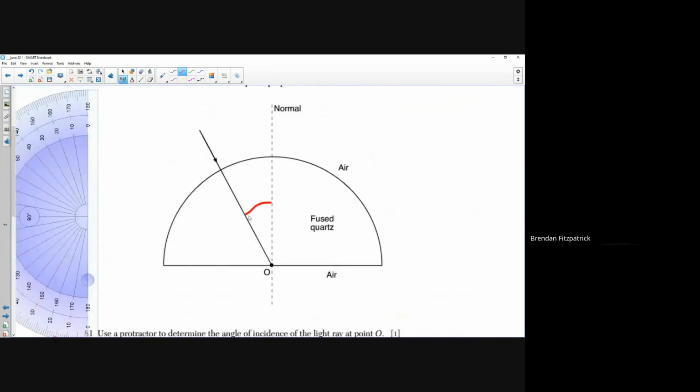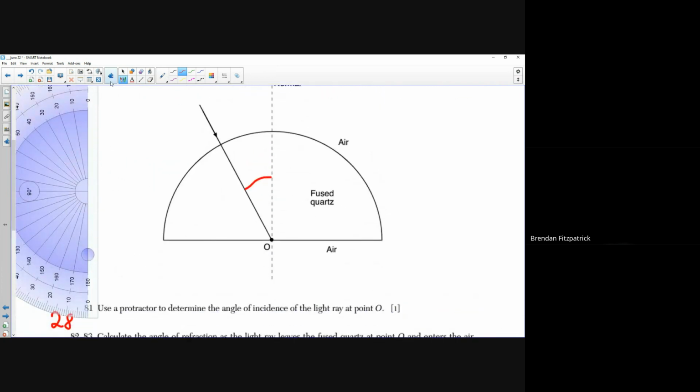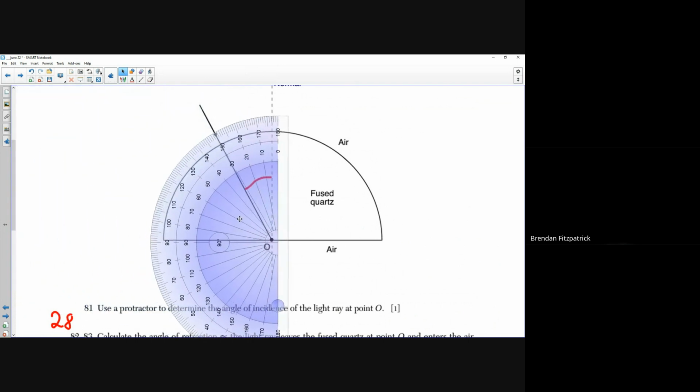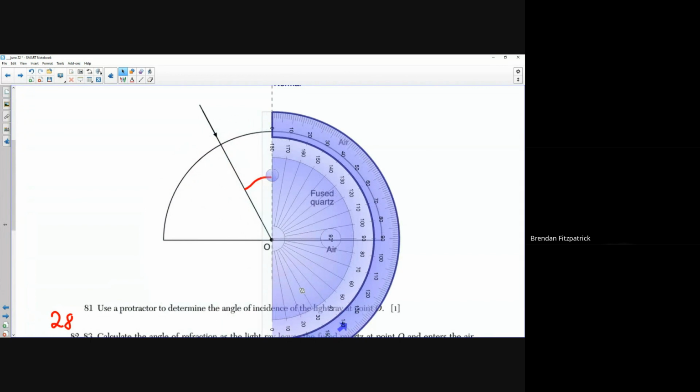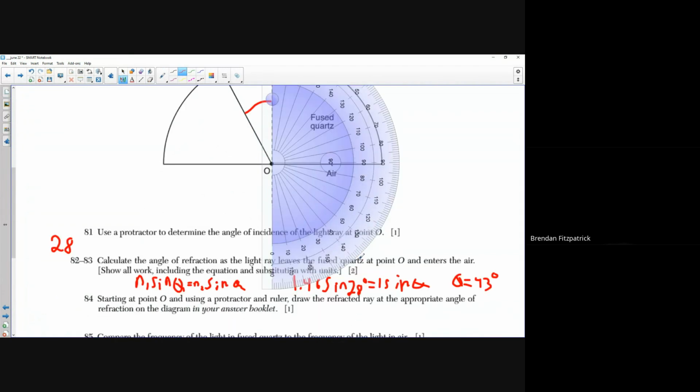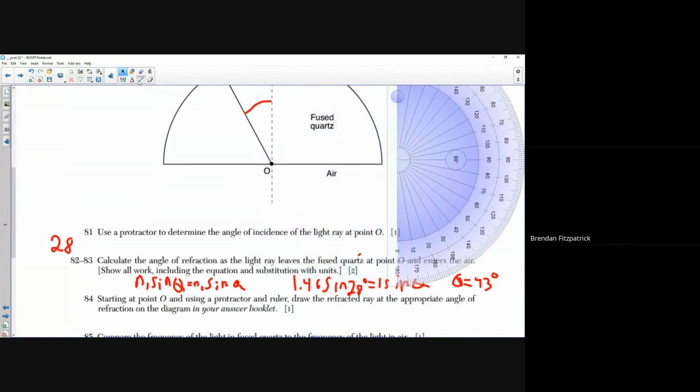Then I need to draw that. So over here, I need to flip my protractor around. Make a little mark at 43. And then you'd use a straight edge, I'll use the line tool. Do it in red.